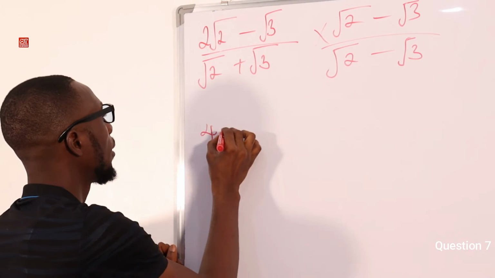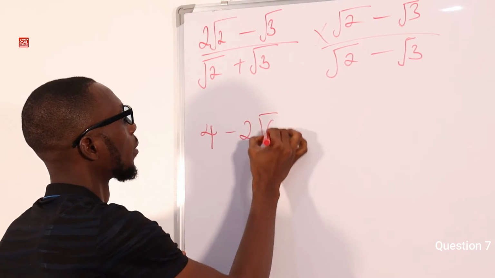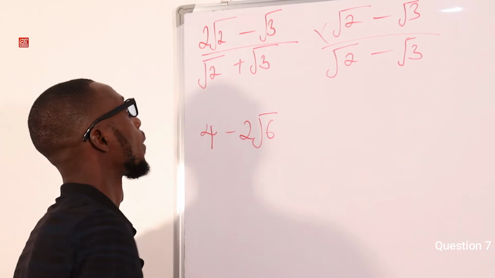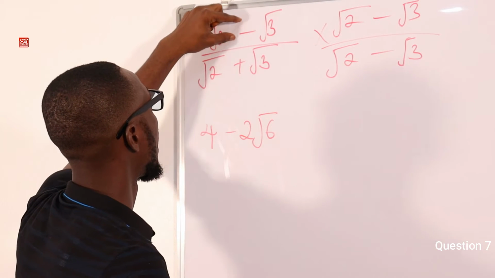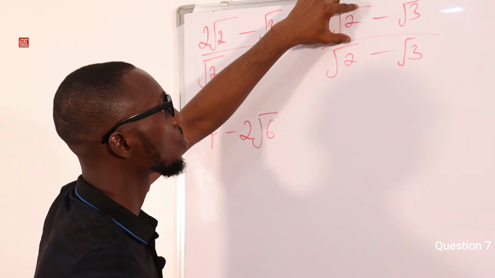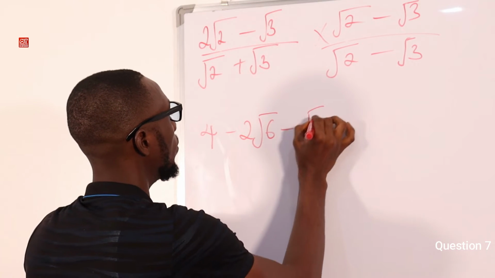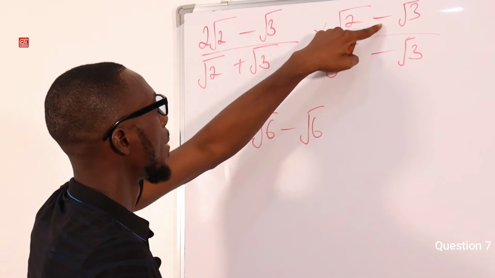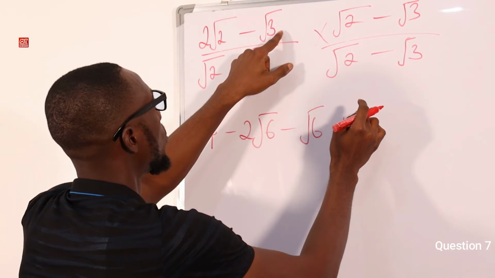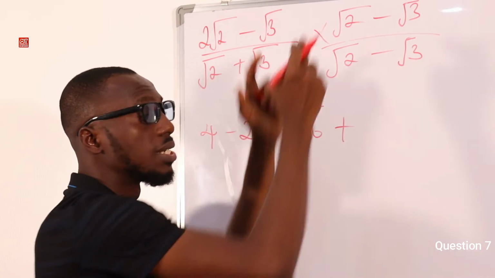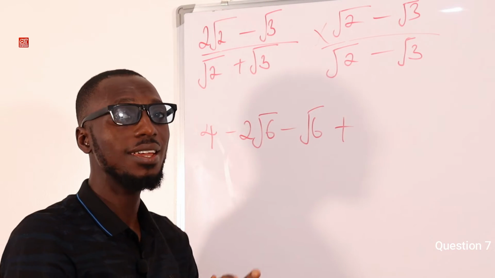Remember the minus sign. Okay, so for the next one, I have root 3 times root 2, that is root 6, the minus sign. Minus times minus, we have plus. Root 3 times root 3, that is root 9. Square root of 9 is 3.